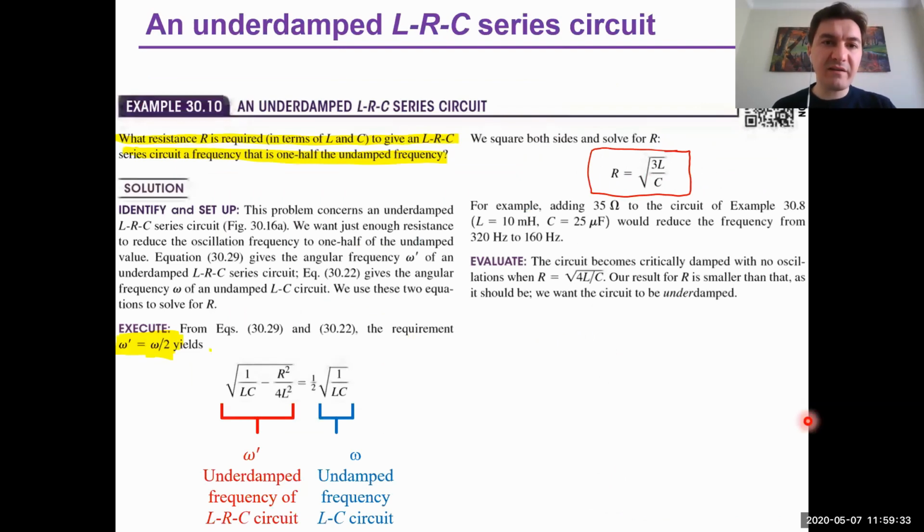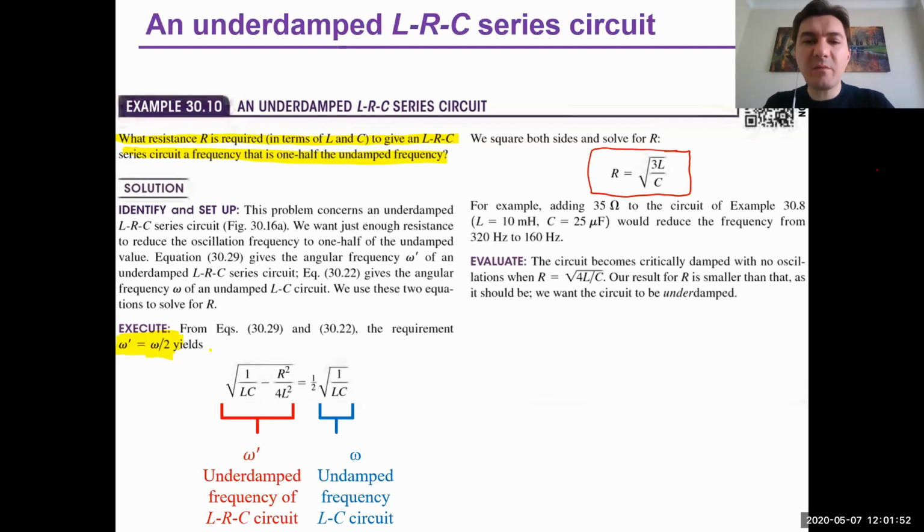The question says the frequency is 1/2 the undamped frequency. So we know that omega prime, the underdamped frequency, is given by that expression, and the undamped frequency for the LC circuit is given by that expression. We have done it in the previous transparencies, and we have that condition 1/2 here. If you take the resistance from that equation, you can find it like this. So the resistance is asked within that question.